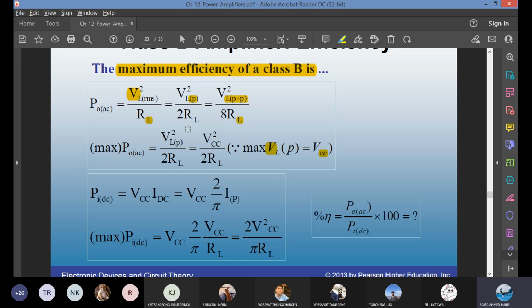All the VCC will cancel out. You will get pi over 4 multiplied by 100, 78.54%. But for general cases, if you want to find efficiency, you can take 78.54 times VL peak over VCC, just like I did in the note.